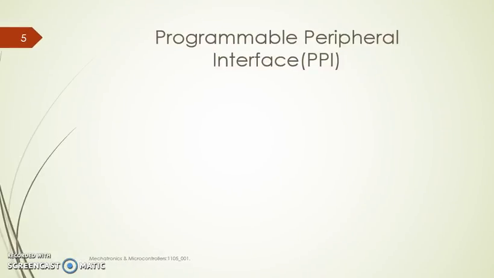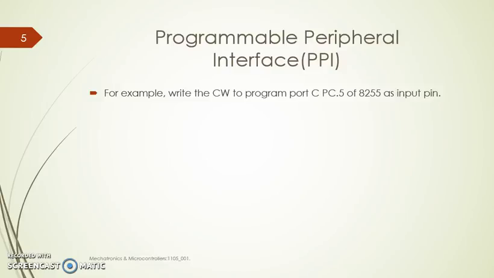Now let us take some examples of how to write the control word for the PPI. Write the control word to program port C PC.5 of 8255 as input pin. So we have to program only this particular pin of 8255 as input pin. Since it is port C's one particular pin getting programmed, we tell 8255 should be in BSR mode.